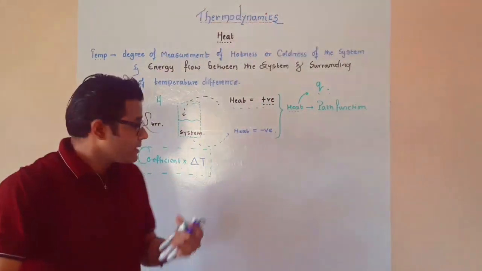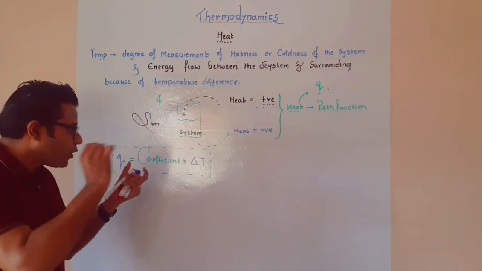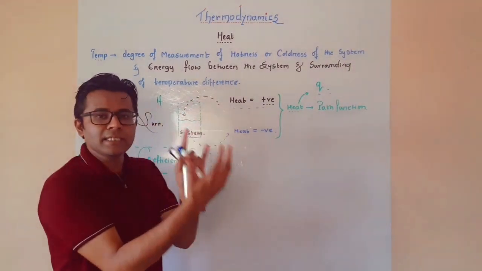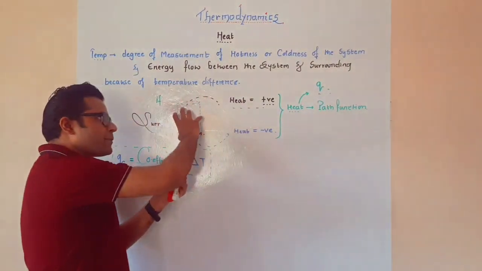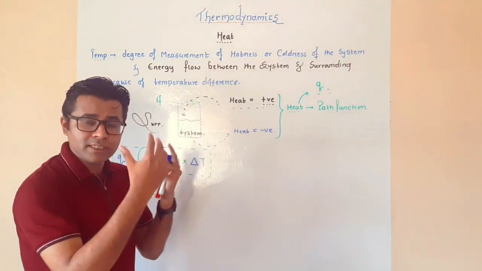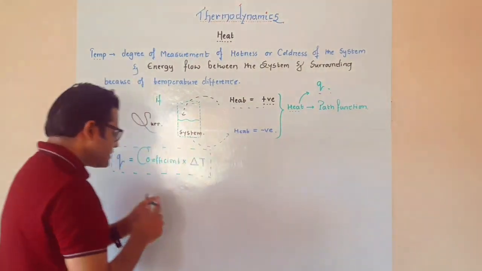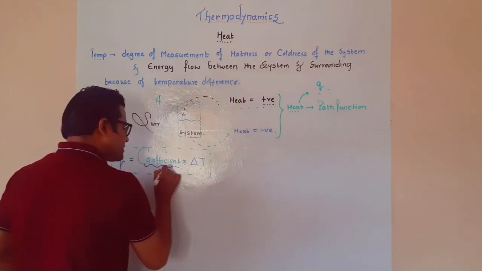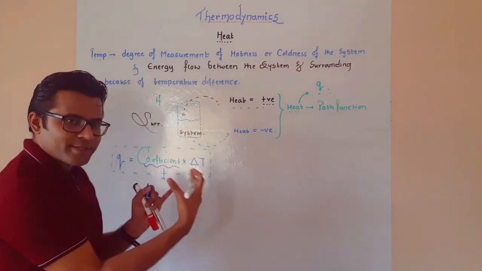If the heat is transferred to the system, how much temperature difference was there? And now, the coefficient depends upon the substance: what is the composition, what is the size, what is the nature. So this coefficient is like a constant.